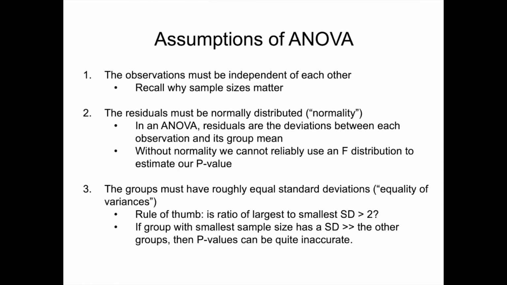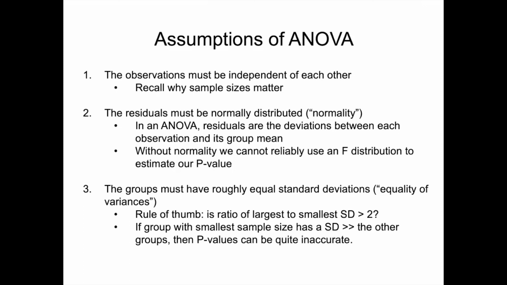And finally, similar to our two-sample t-test, each of the groups in our ANOVA must have equal variances. That is, that the standard deviations within each of the samples must be roughly equal. How equal is equal? Well, as a rule of thumb, if the ratio of the largest to the smallest standard deviation is greater than 2, then we've got a bit of a problem.